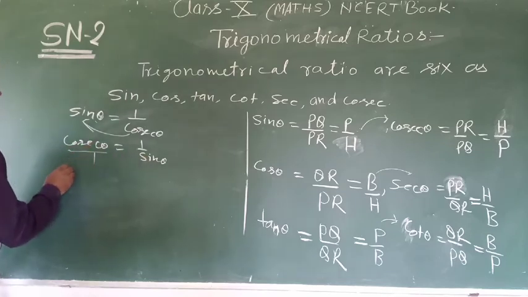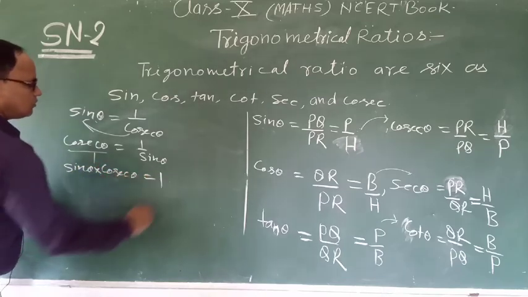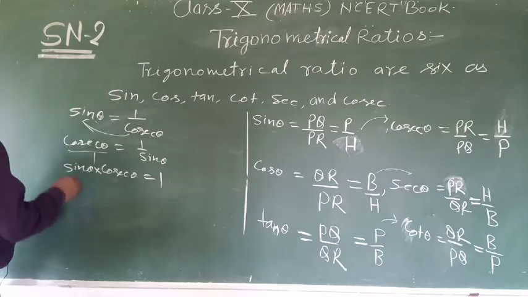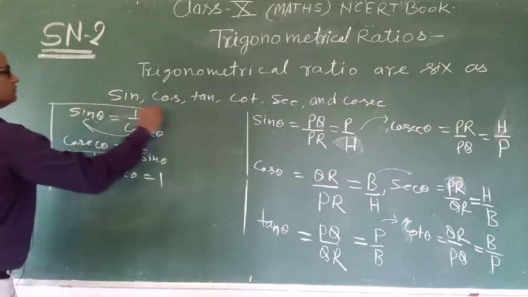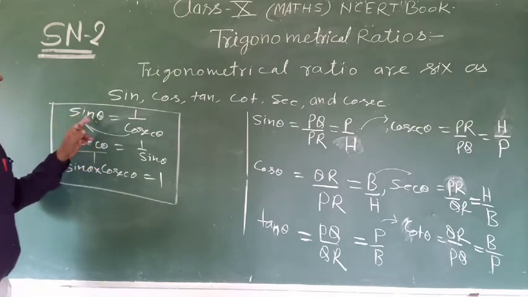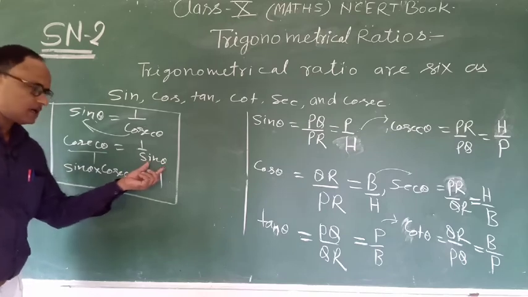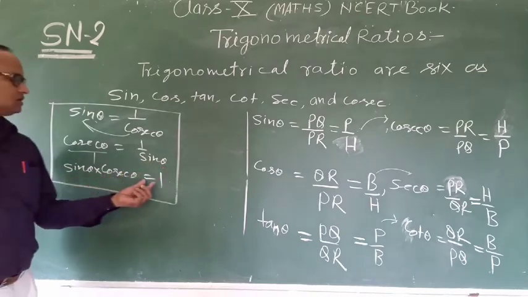By cross multiplying, sin theta into cosec theta is equal to 1. Thus we make three formulas from this: sin theta is equal to 1 by cosec theta, cosec theta is equal to 1 by sin theta, and sin theta into cosec theta is equal to 1.